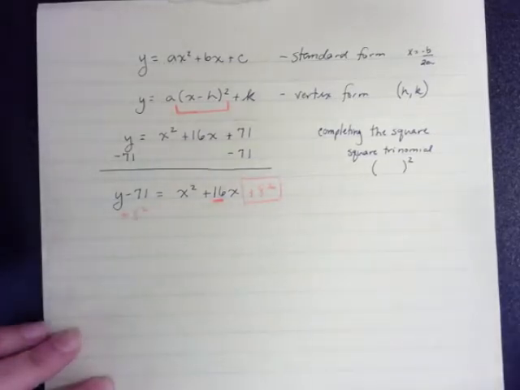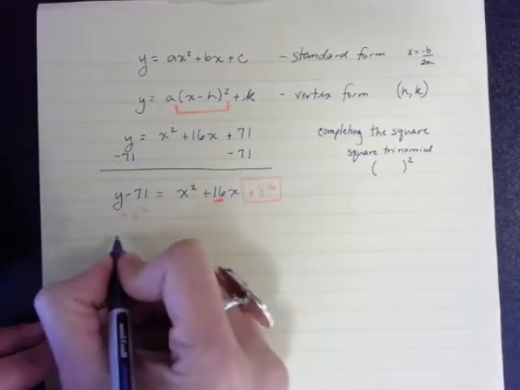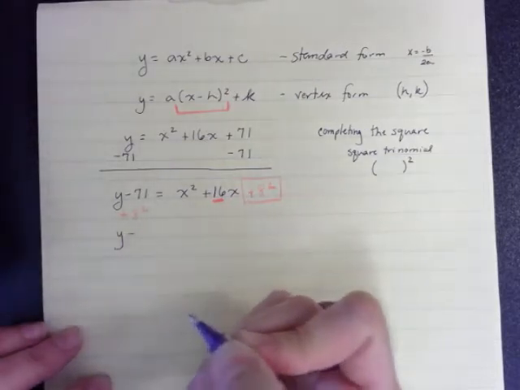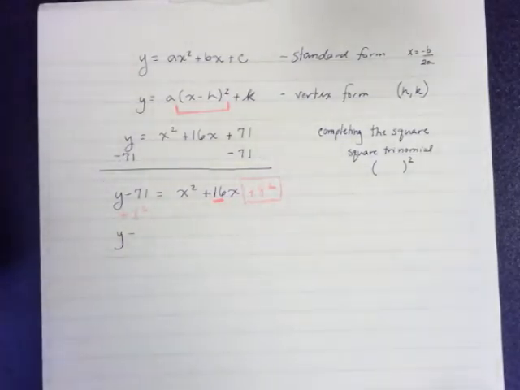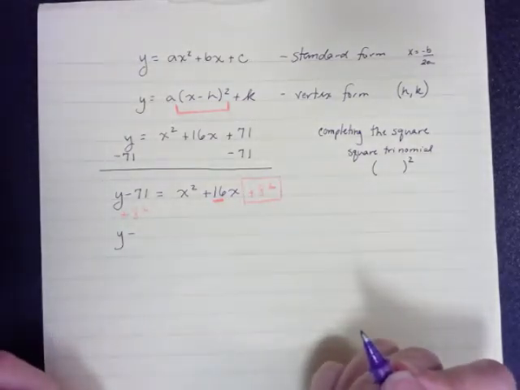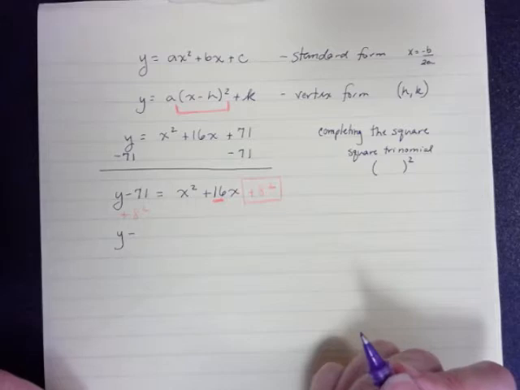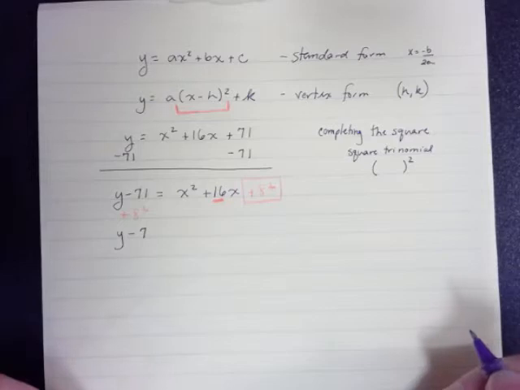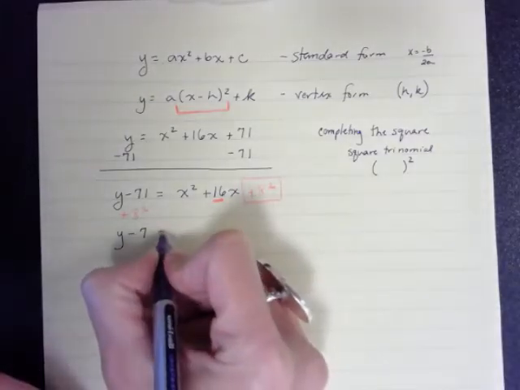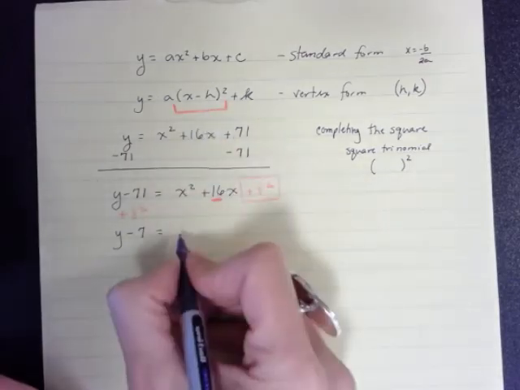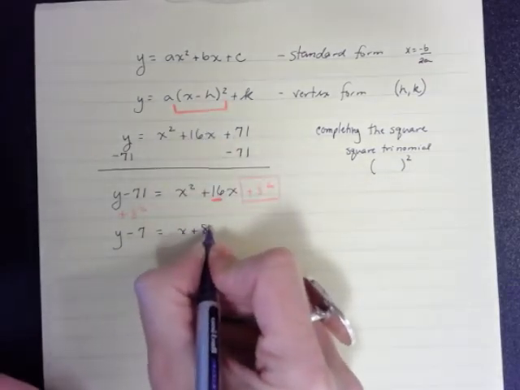So once we do that, we now have y minus 71 plus 64, and 71 plus 64 is negative 7. Right? Yeah, negative 7. And that equals, well, how do we write this as a square? We write x plus 8, the quantity squared.